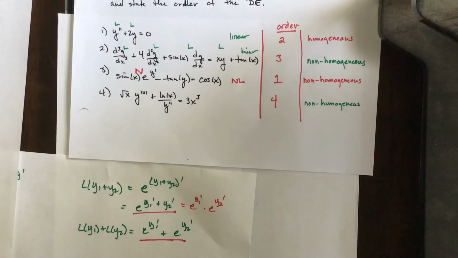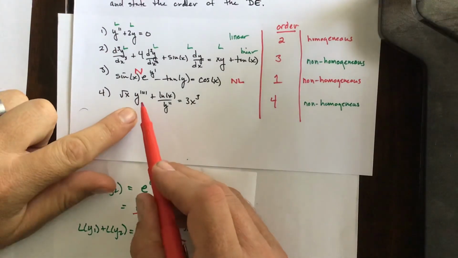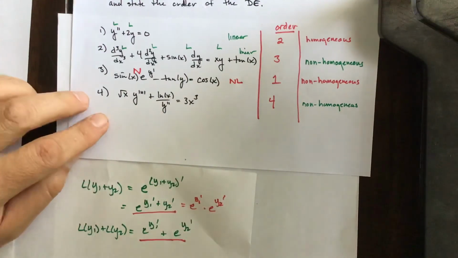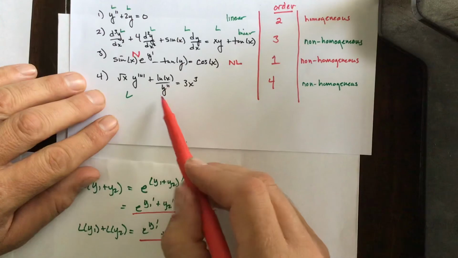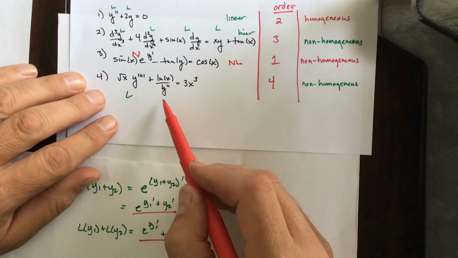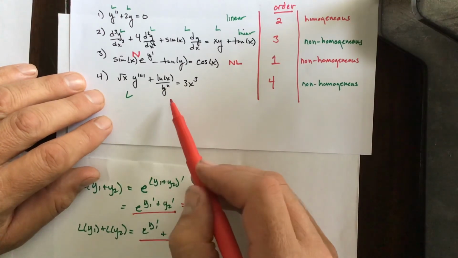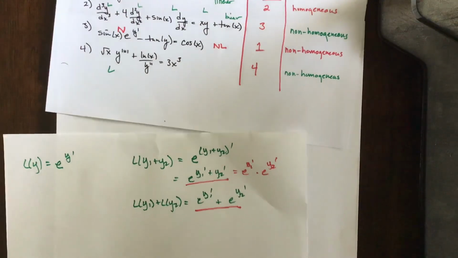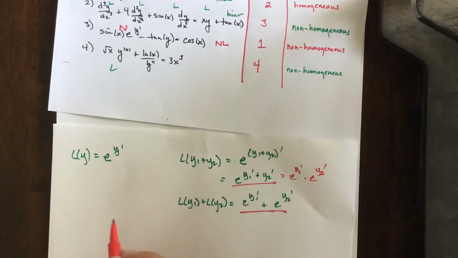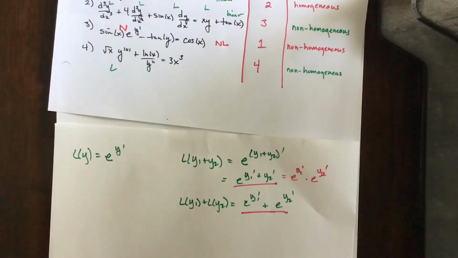Looking at equation number 4, we have root x times the fourth derivative of y. Well, we know that is a linear term, plus the natural log of x divided by y double prime. Is that a nonlinear term or a linear term? Let's take a look.